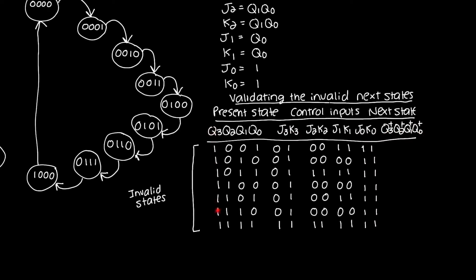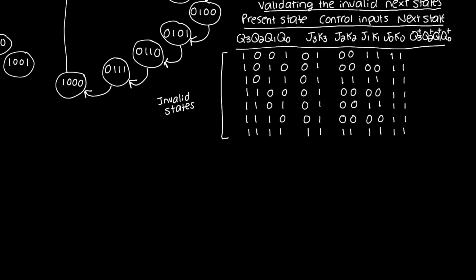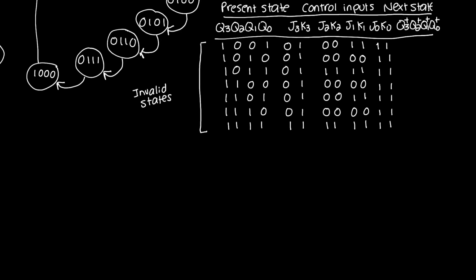So for Q3, the present state is always high, and I see that in most cases, J3 and K3 are in the reset condition. The reset condition is when J3 is low and K3 is high. Maybe people need a refresher.